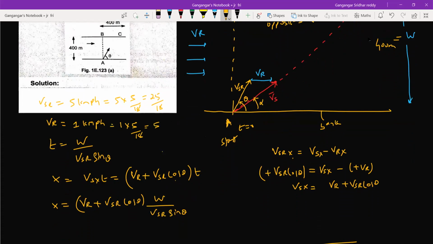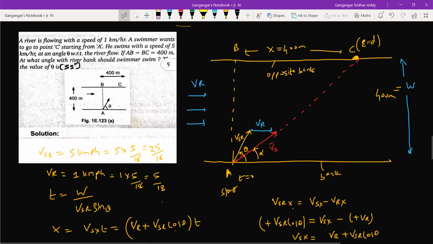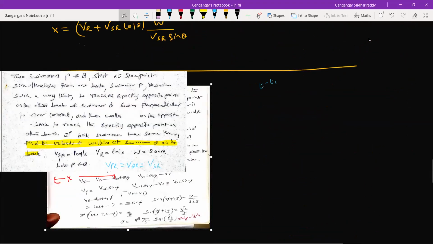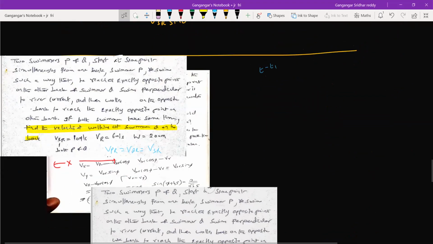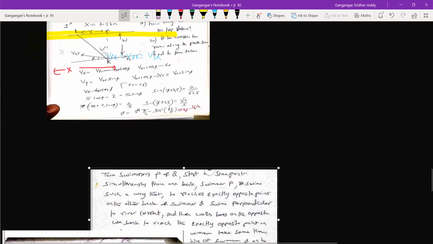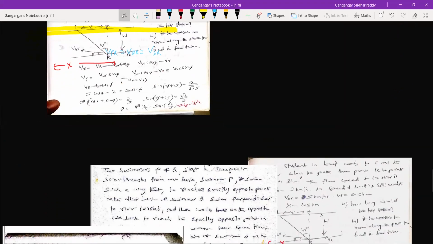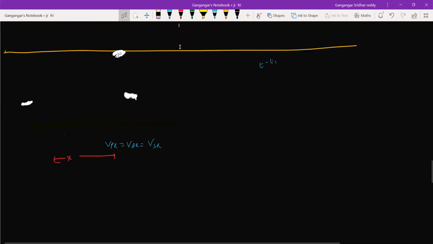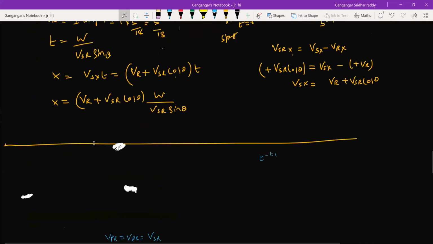No need of conversion here, but sometimes there are problems where you have to convert. That's why I'm just following the universal method here. So let's substitute all these values. I think we have all the data. Okay, carry on with this.